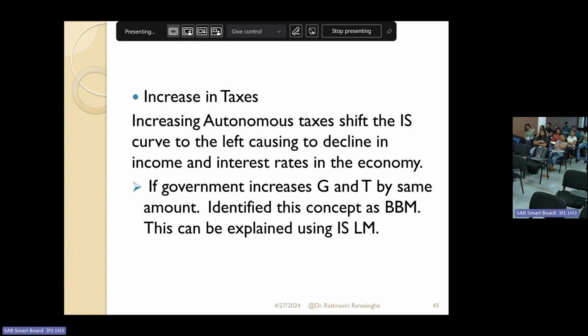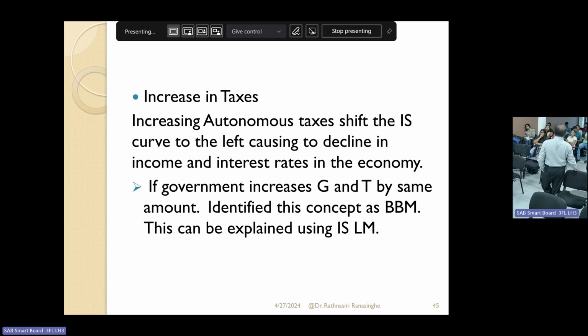Taxes affect the IS curve. We know that in the injections and withdrawals, what are the injections in the full-fledged economy model?